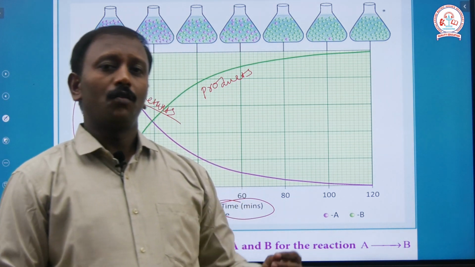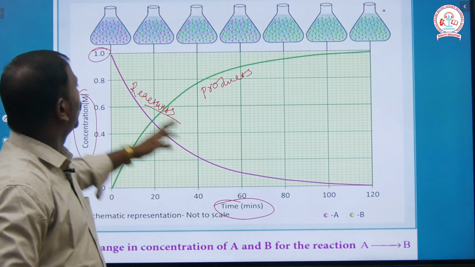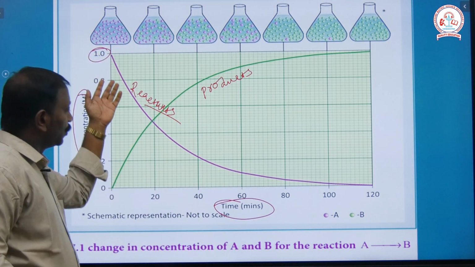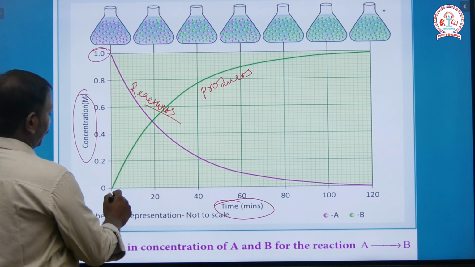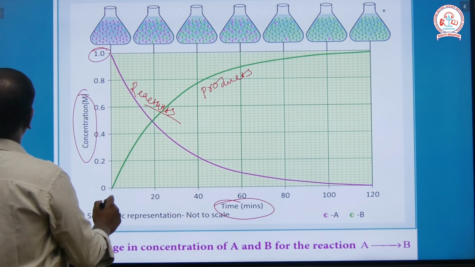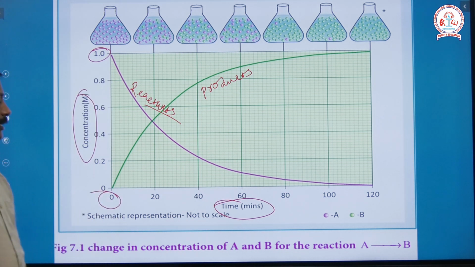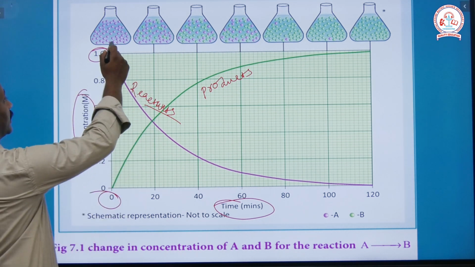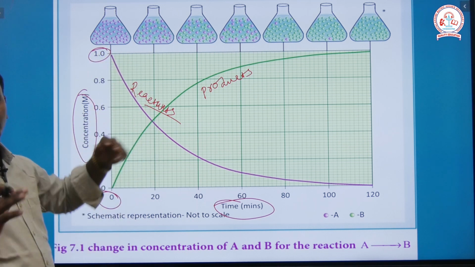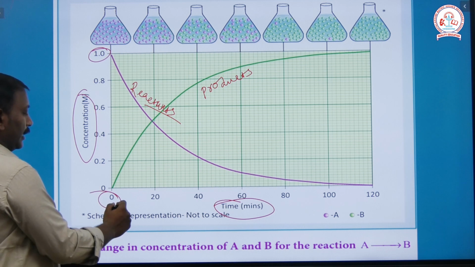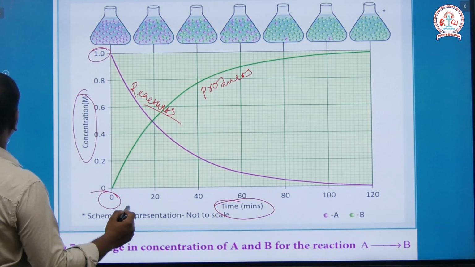So we are taking 1 molarity of some liquid, and it will be reduced to 0 with respect to change in time. At 0 time, the concentration of the reactant is completely 100%, or 1 molarity or 1 molality. And time increases.